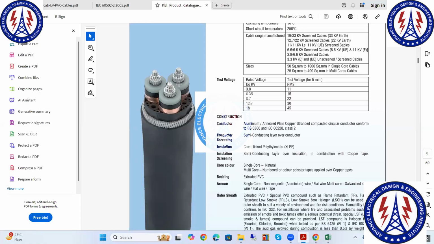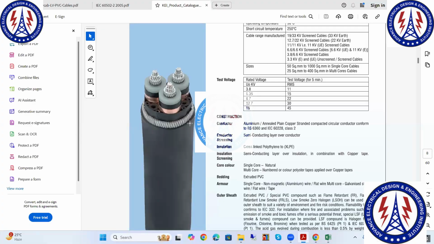Then over the conductor, it's a black part, the conductor screening. Then the insulation. Then another black part, which is called the insulation screening. It's a copper tape, which is used for the earthing. Then a rubber bedding, inner sheath, armoring, and outer sheath. So it is the change in the ST cable.